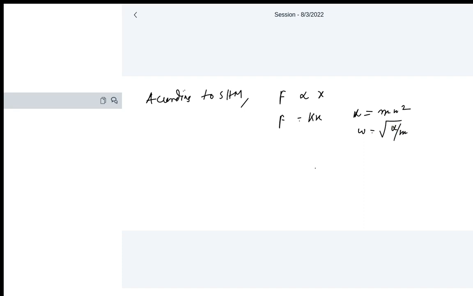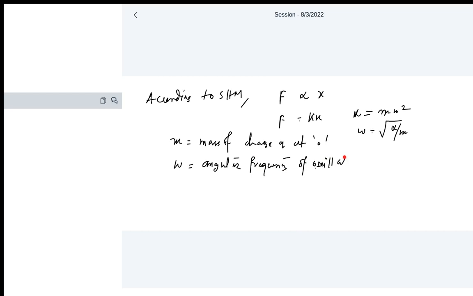Here m is the mass of charge q, and omega is the angular frequency of oscillation.